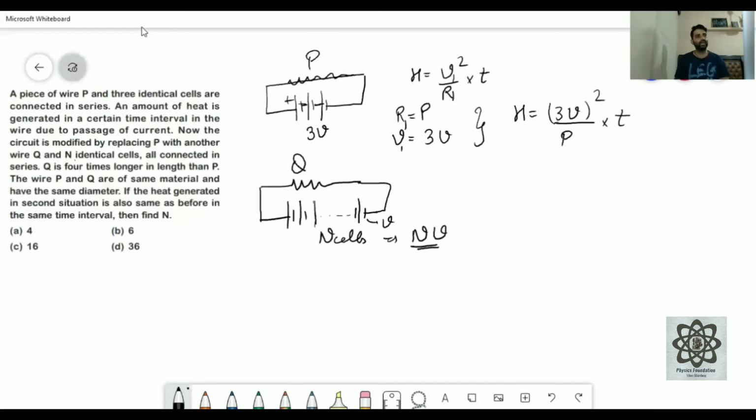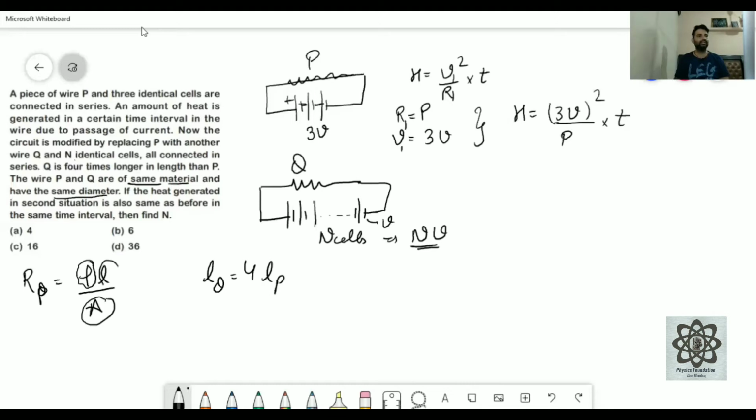Now Q is 4 times longer in length than P, so the length of Q is 4 times the length of P. Then it says the wires P and Q are of the same material and same diameter. As we know, the resistance of any material depends on resistivity, length and area. The resistivity is the same because the material is the same. The area is also the same, as it is the same cross sectional area, same diameter.